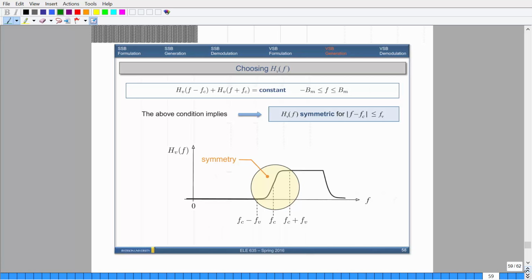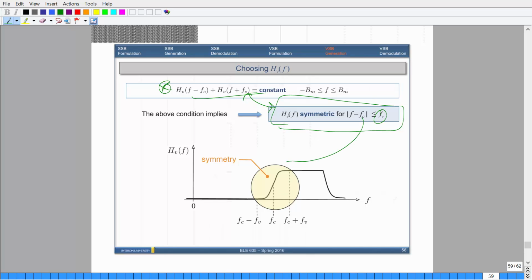Okay. So there's another situation as well. So this is the result that we have here. Okay, the above condition also implies the following. So this means that, I won't show you the math for this, but this implies this situation here. So if you have some frequency f of v, right?